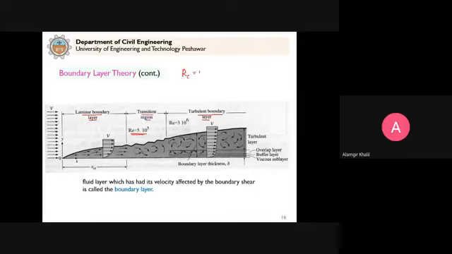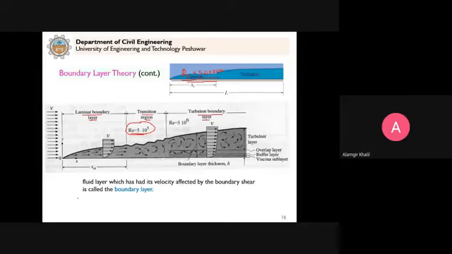That is considered as 500,000. This is the value used for external flows. Clear?